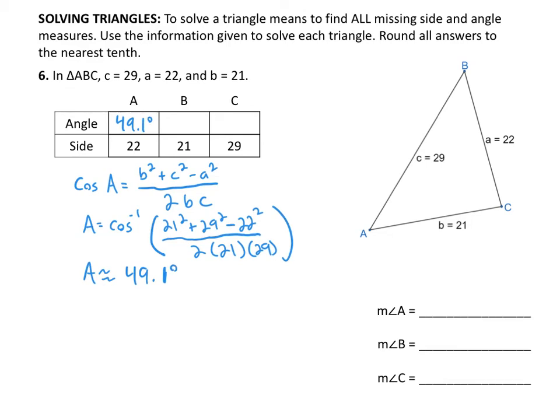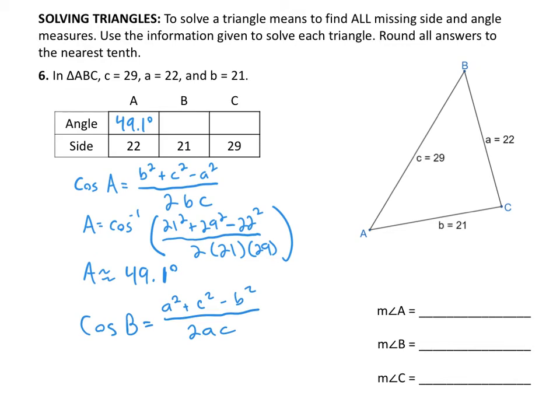All right, let's find the measure of angle B. Why not, while we're here. Now, you might look at it and say we can use the law of sines here, but okay, solving for angle B, we'll use the cosine of B equals a squared plus c squared minus b squared over 2ac.